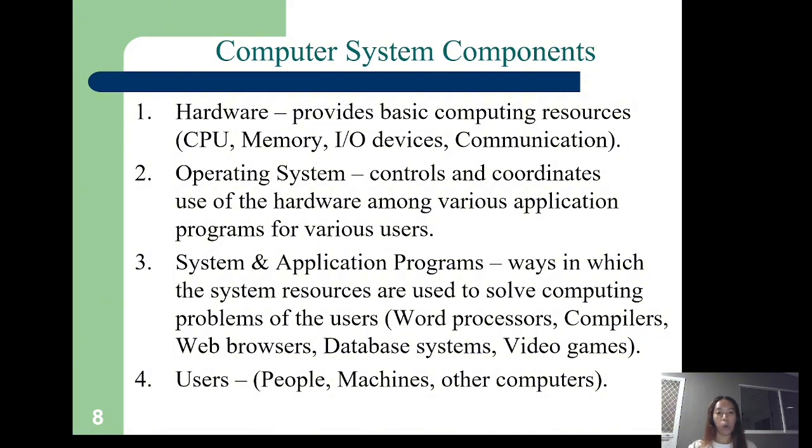I/O devices, or input output devices, are like keyboard, mouse, and monitor. An example of input is the keyboard and mouse. The output is a printer and monitor. Then communication components allow data transfer between different devices or systems, like network cards, modems, and Wi-Fi adapters.